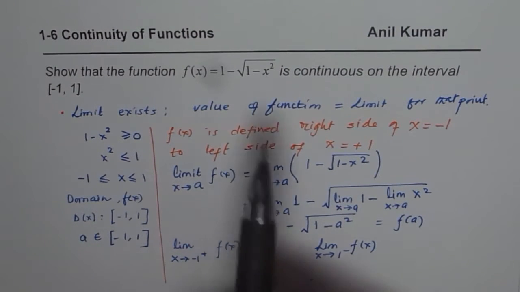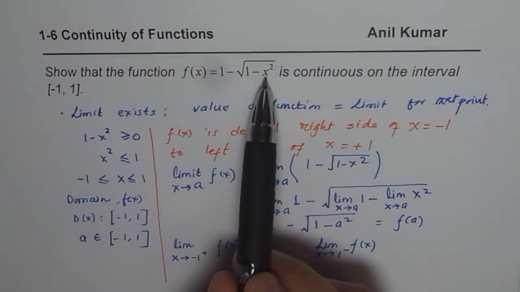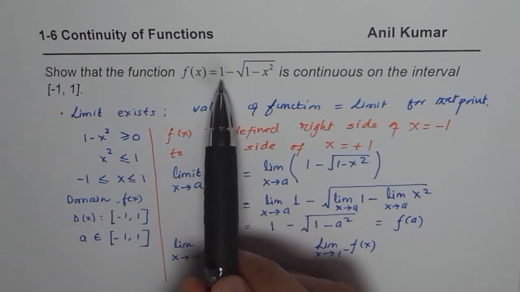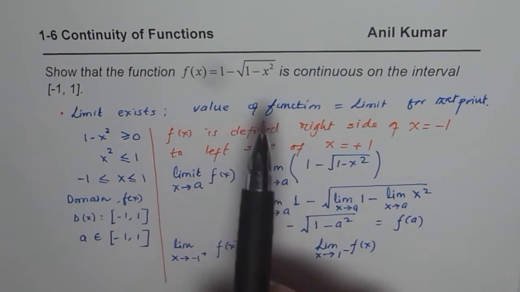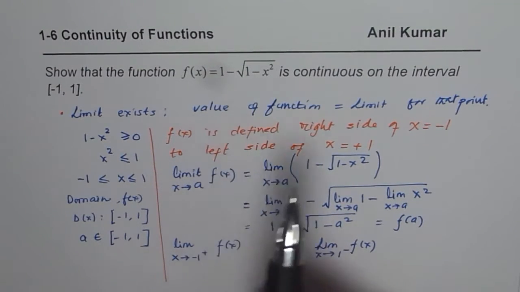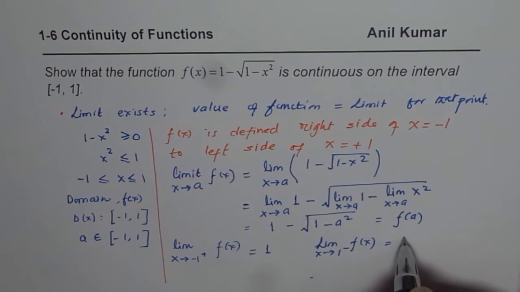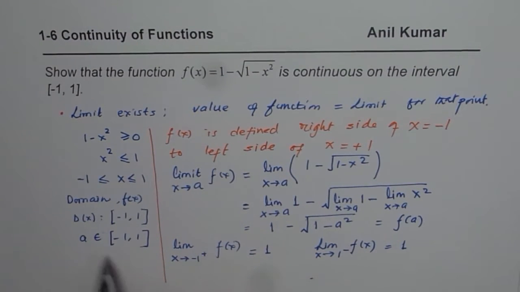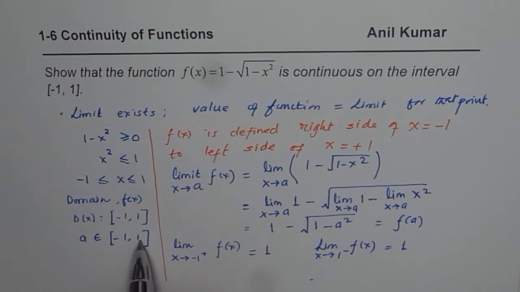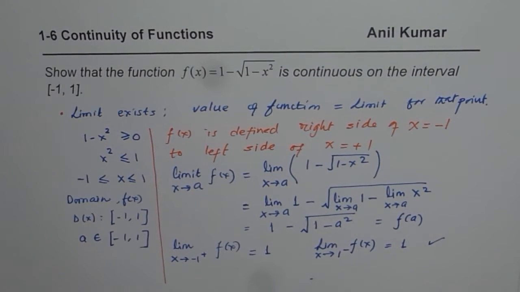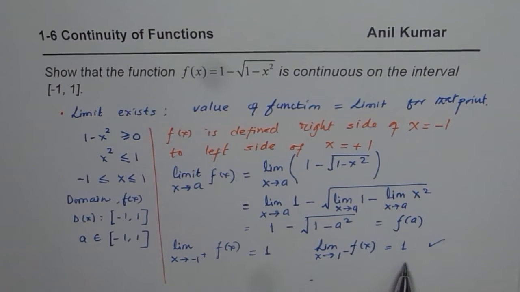If I put in 1 here, I get a value which is 1. If I put in minus 1, I get a value which is 1. So both these limits are 1, right? The right side limit at the boundary on the left and the left side limit at the boundary on the right both exist, and therefore we confirm that this function is continuous within the given interval.